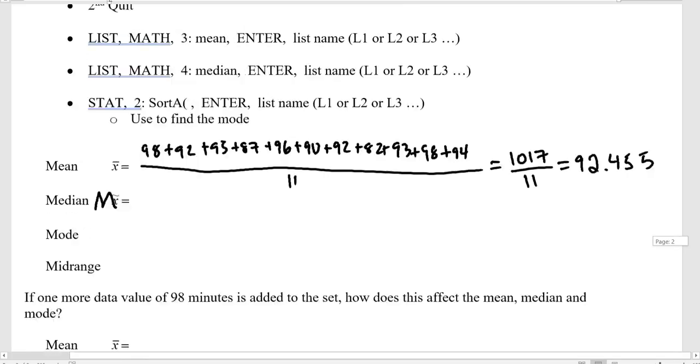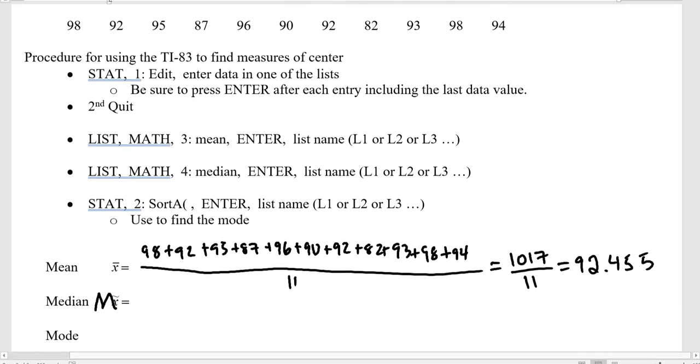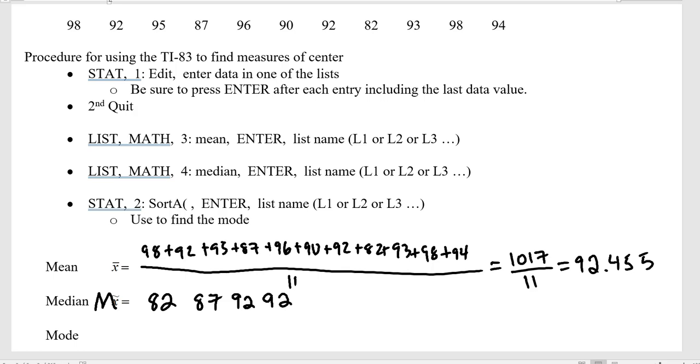So let me scoot back up so I can see them. And it looks like our lowest number I see up there is 82. And then we have 87. Then we have, looks like 92. And 92 occurs twice, so we'll write it twice.